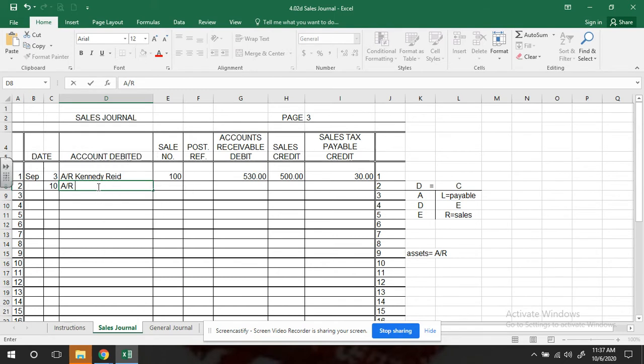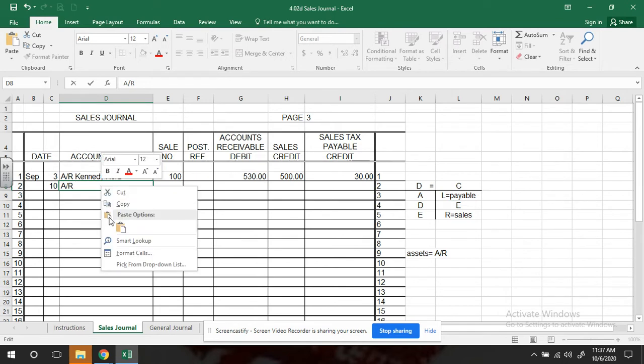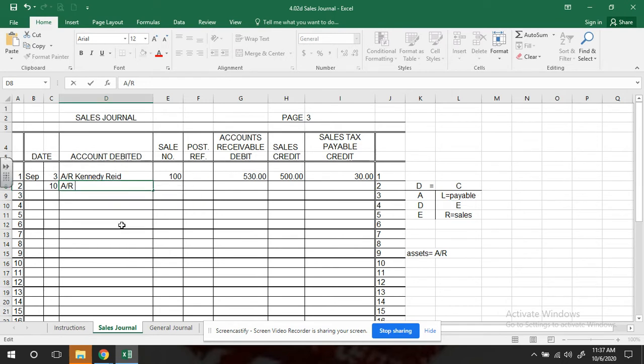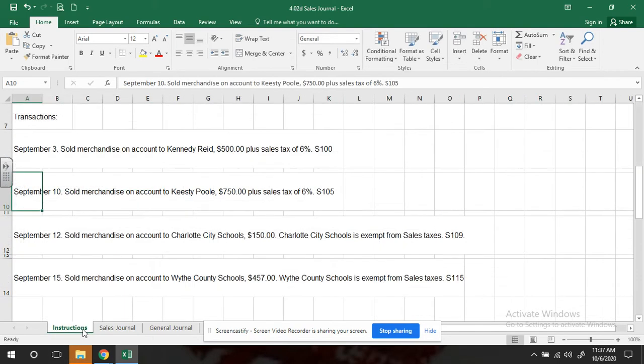Now, what happened? Paste. It didn't bring it over. Okay. Kisti Pool. And that was sales invoice 105.